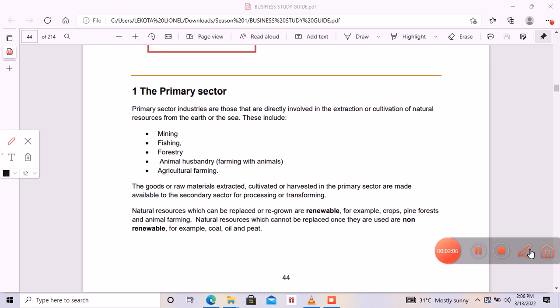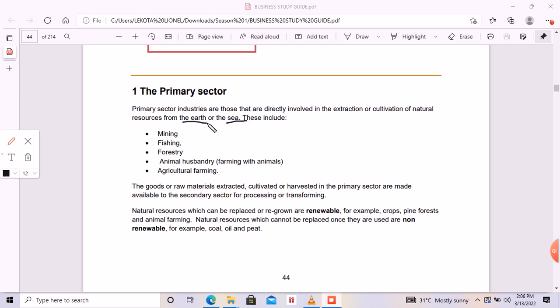They are saying that the primary sector industries are those that are directly involved in the extraction or cultivation of natural resources from the earth or from the sea.